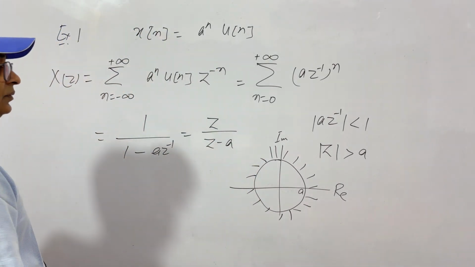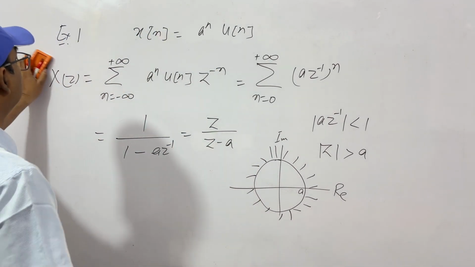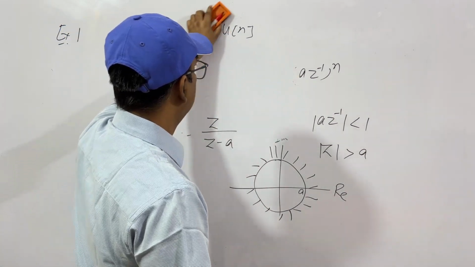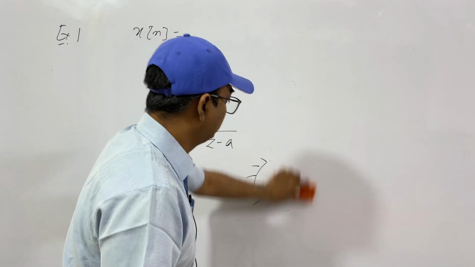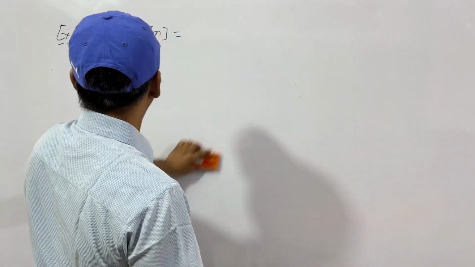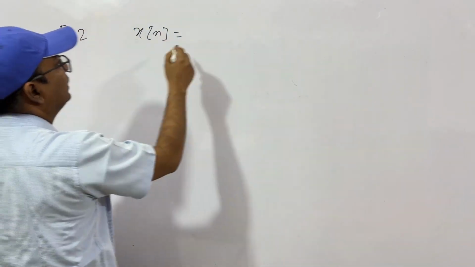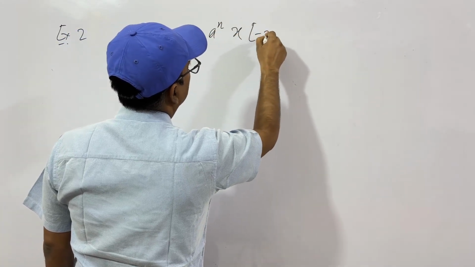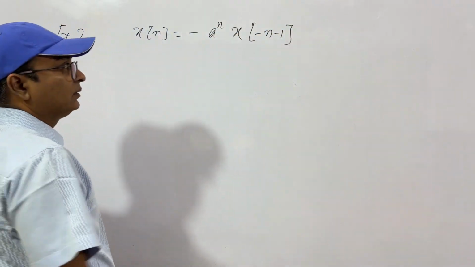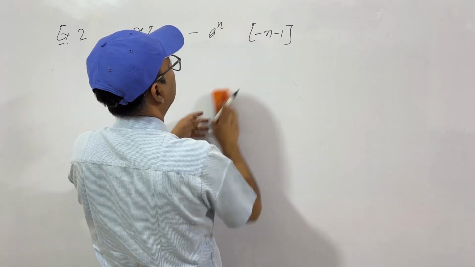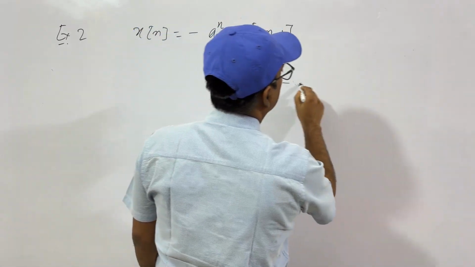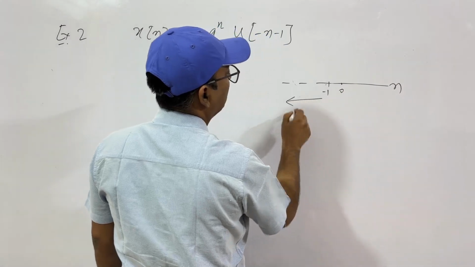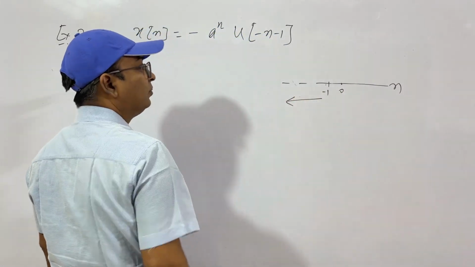So this is the first example. Now let's see the second example, closely related to this one: x[n] equals minus a to the power n u[-n-1]. What is the meaning of this? Sorry, not x of, it is the unit step function u[-n-1]. This means if this is n, this is 0, this is minus 1, so it covers this side, that is minus infinity to minus 1.